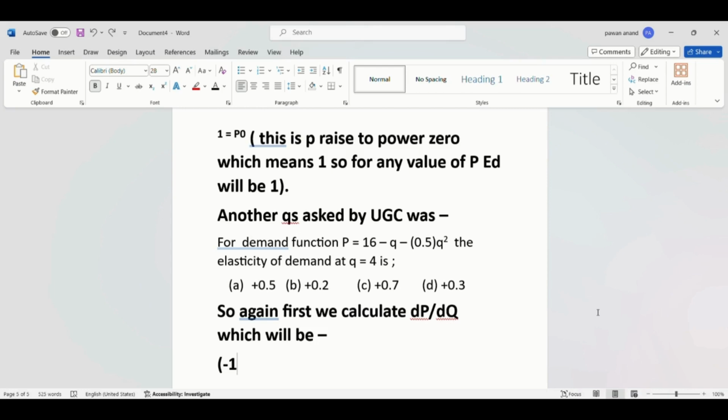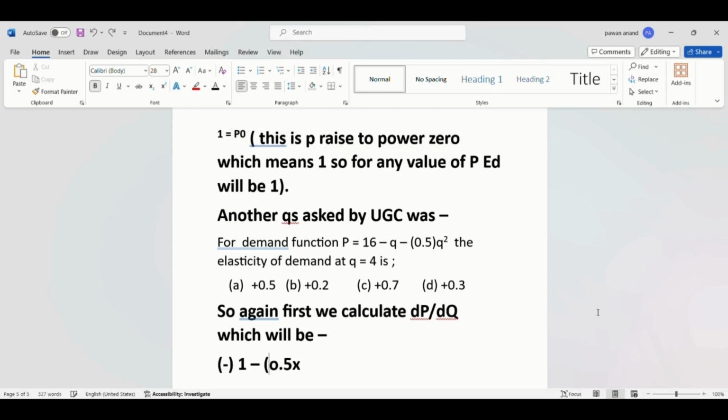This is basically an inverse demand function given to us, because it is in the form of P is equal to a function of quantity. So the slope will be the first order differentiation of this inverse demand function. The first order differentiation of 16 will be 0, and of Q it will be 1.